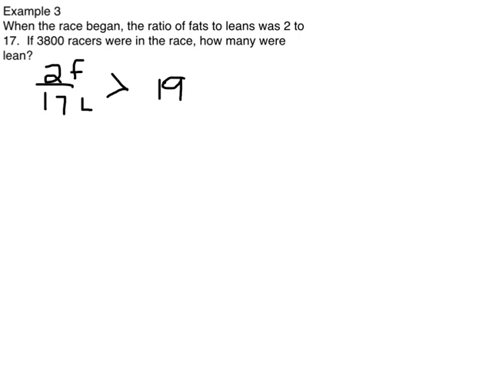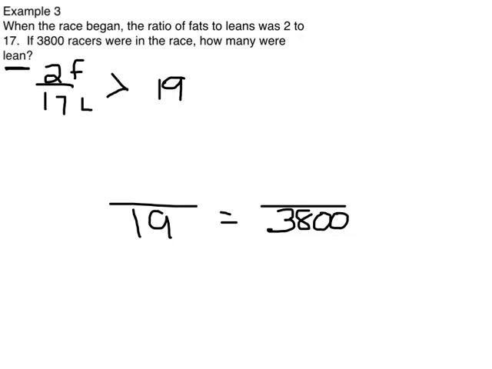Okay? So 19 is going to be on the bottom, and 3,800 is going to be on the bottom because they both represent the total number of racers. Now what am I going to look for? How many are lean? So I'm going to use 17 out of 19 equals X out of 3,800.